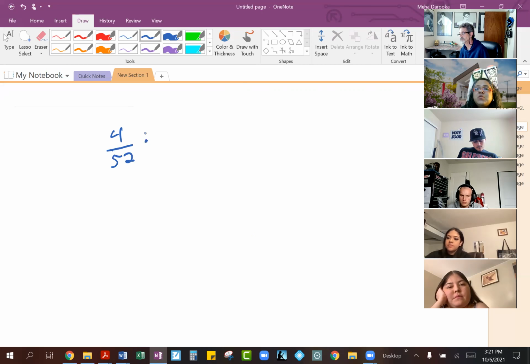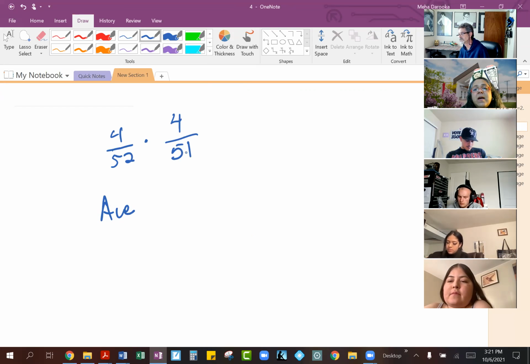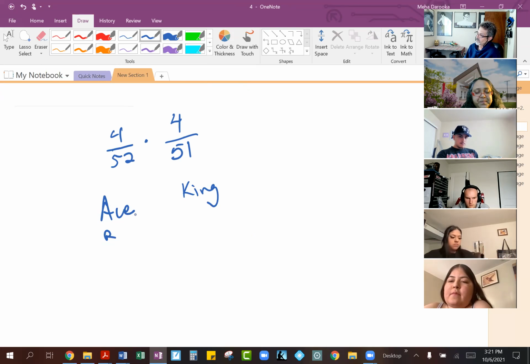Now we are assuming that you drew an ace, and then we are asking, what is the probability that you are going to draw a king on the second one? The king hasn't been drawn yet. You still have 4 kings left, but only 51 cards left since we didn't replace this card.